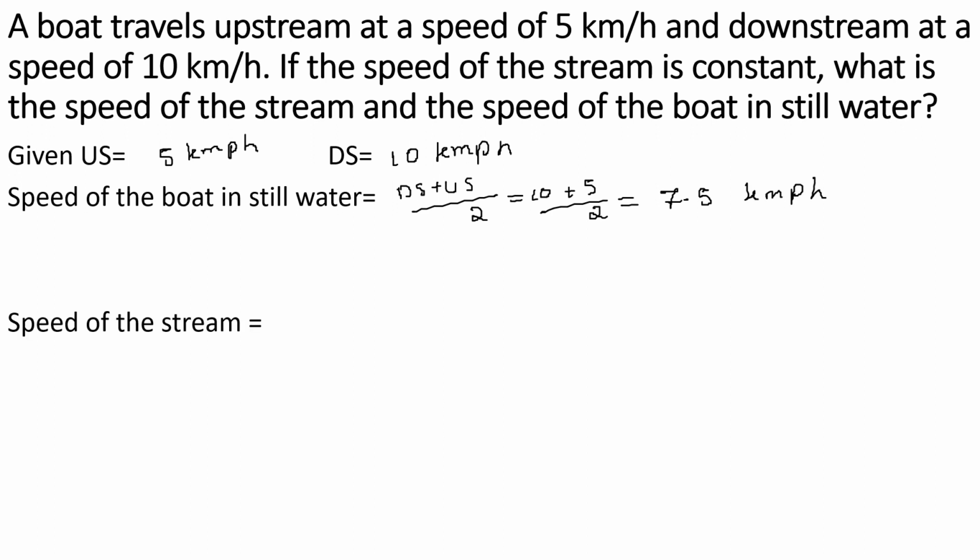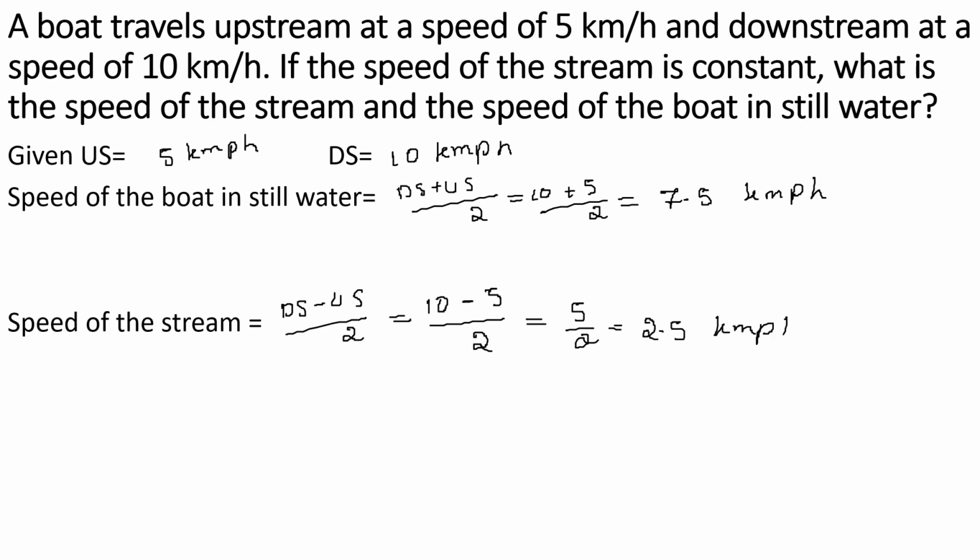Similarly, the speed of the stream will be downstream minus upstream divided by 2. So downstream 10, upstream 5, 10 minus 5 divided by 2, that is 5 divided by 2, or 2.5 kilometers per hour. So these are the simple questions.